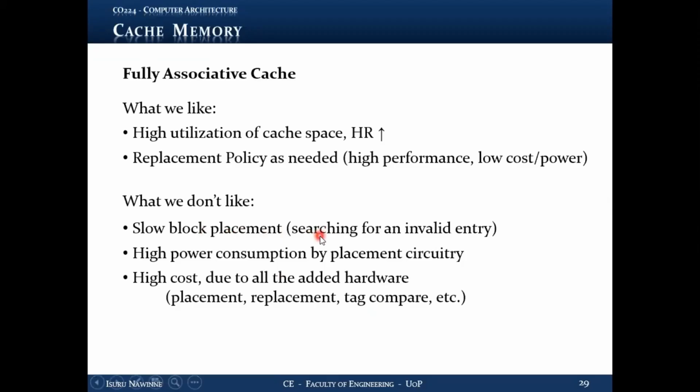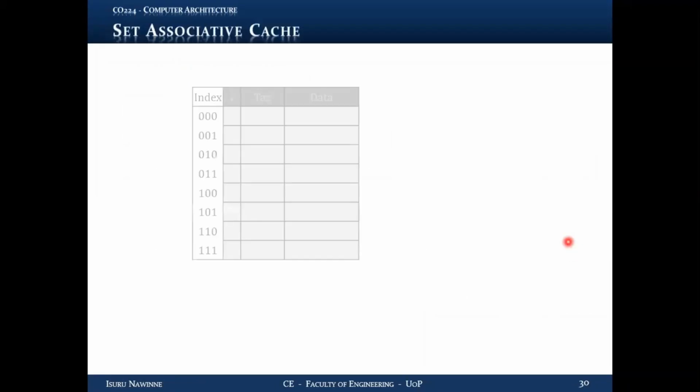In the case of a miss, the miss penalty can be higher compared to a direct mapped cache. So that is what we don't like, right? So we have to consider all these factors when we decide whether to use a direct mapped cache or a fully associative cache in our computing system, right?